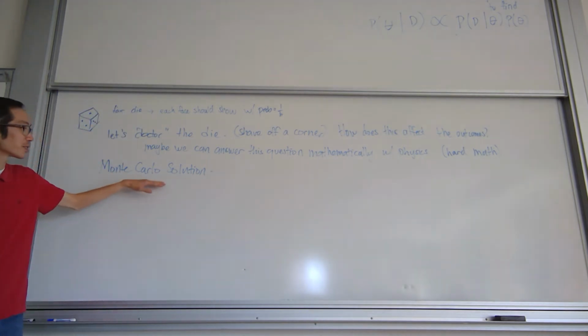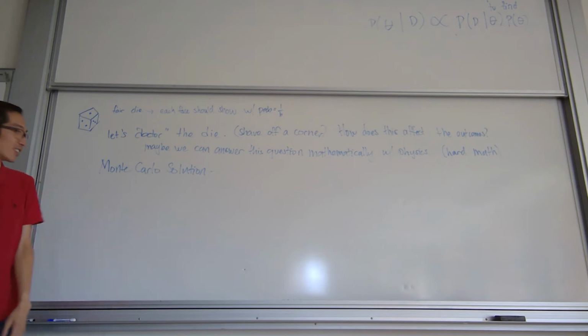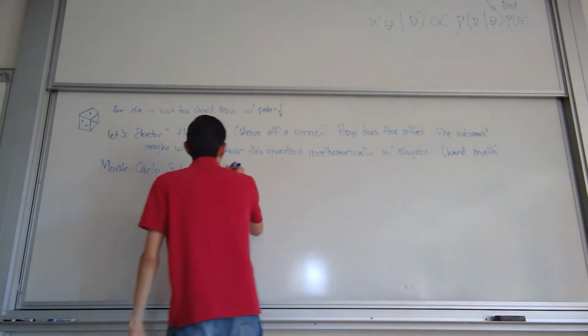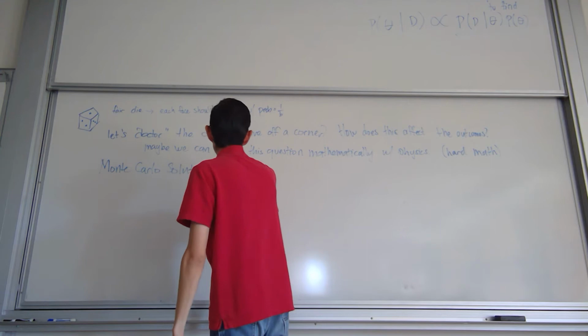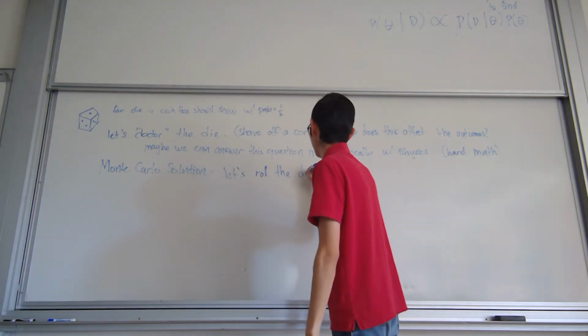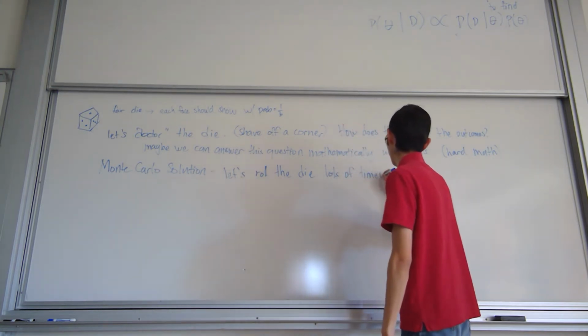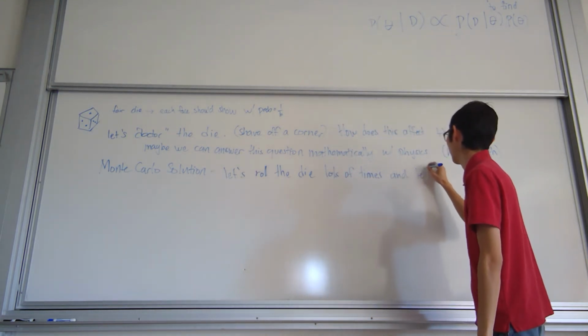No. Monte Carlo solution says, let's just do the menial task millions of times, as many times as we can, and get the results. Okay, Monte Carlo solution, let's roll the die lots of times. Let's see what happens.